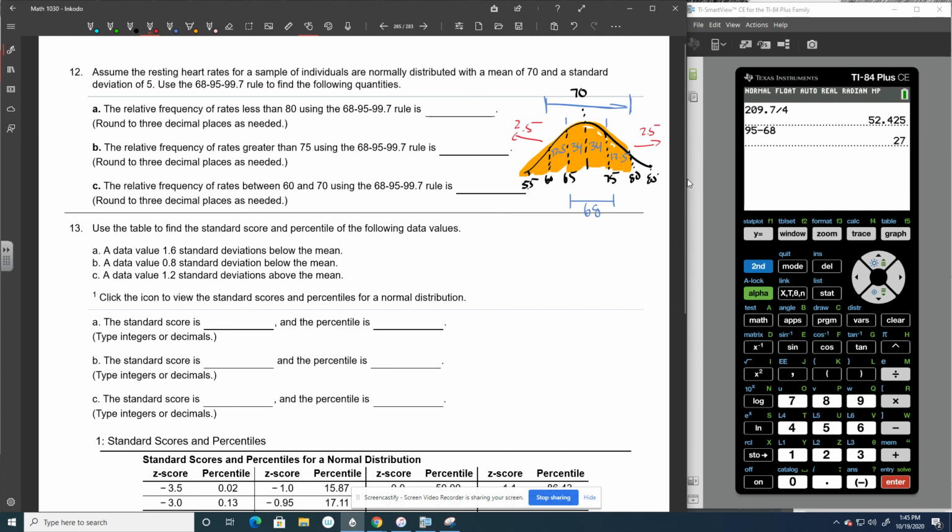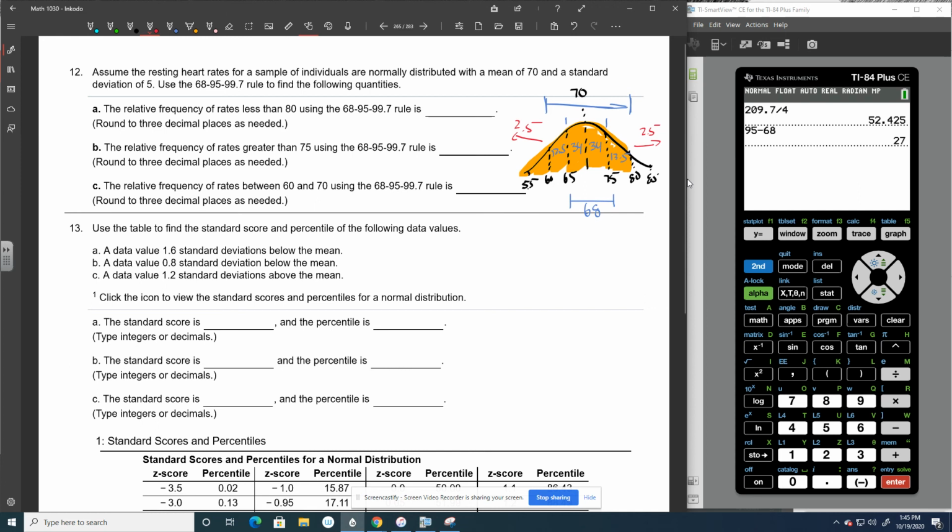So when it says the relative frequency of rates less than 80, that's all of this data below 80, except for this little bit that's above. Well, I know that this is 64%, this is 95%, and this little bit right here is 2.5%. So out of the 100% of the data, I'm only missing this group right here, this 2.5. That's what I'm missing.